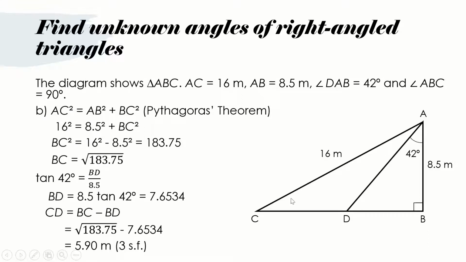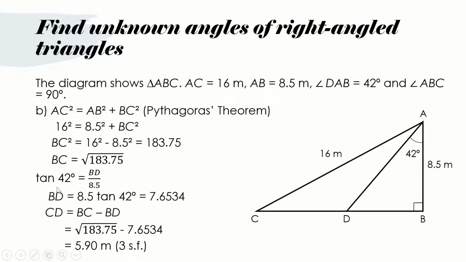AC square will be equals to AB square plus BC square. Right, because triangle ABC is a right angle triangle. So AC is 16 square equals to 8.5 square plus BC square. So you find BC will be square root of 183.75. You don't have to solve this first because later you use the exact answer to find the final answer.